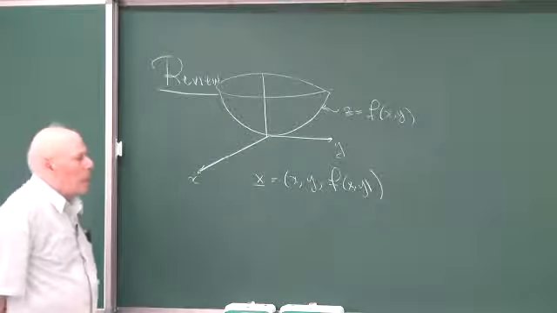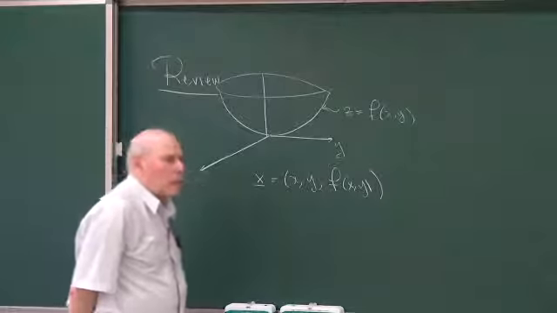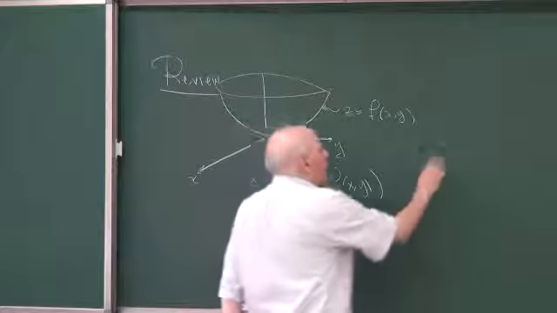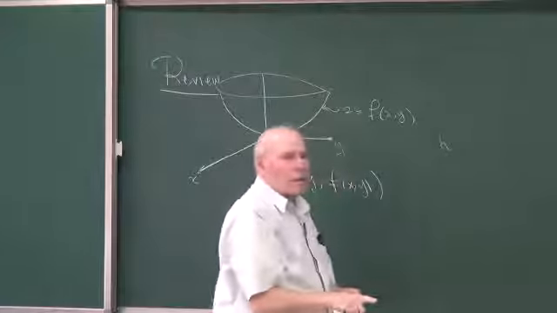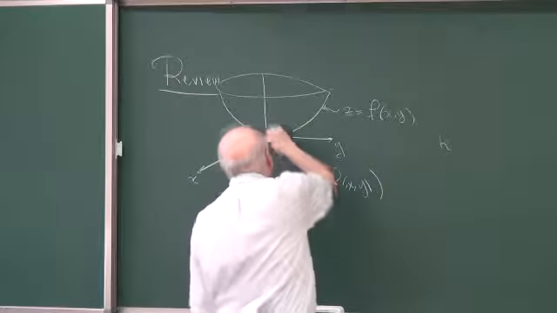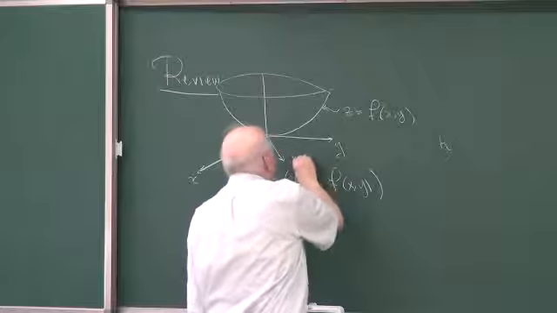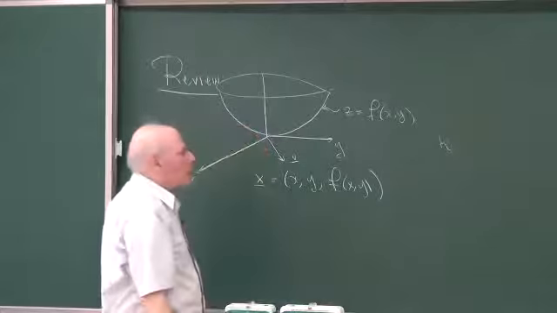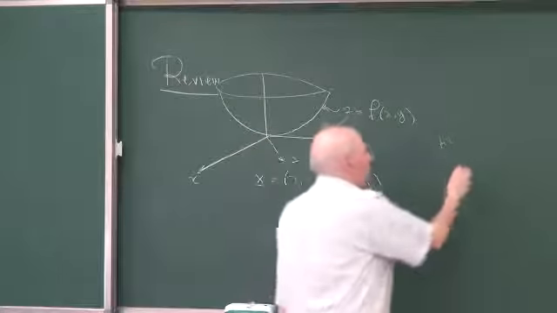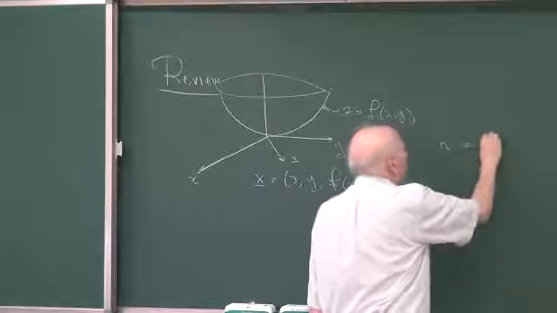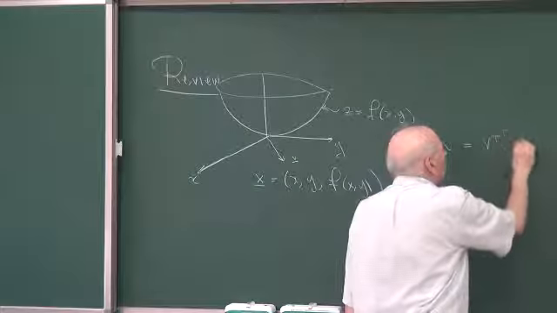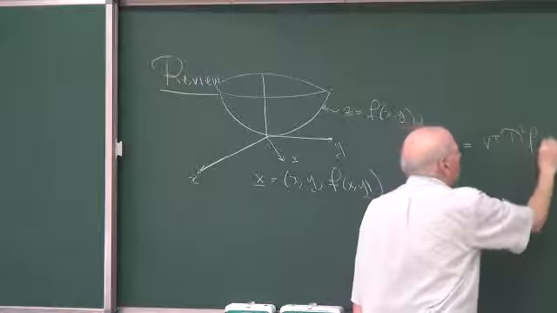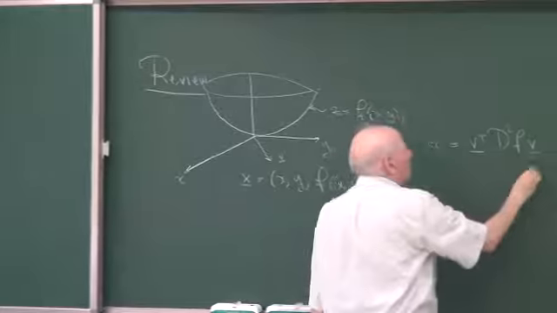So we did that, and then we found the formula for the curvature in the direction of v, which is a unit vector in the plane. And we found that that formula was v transpose, and then the Hessian, v, which I'll write out.